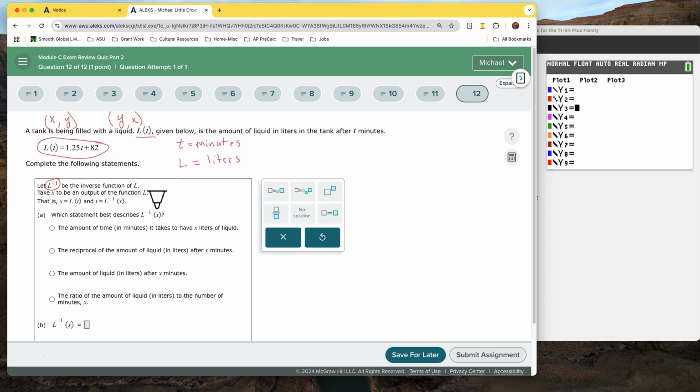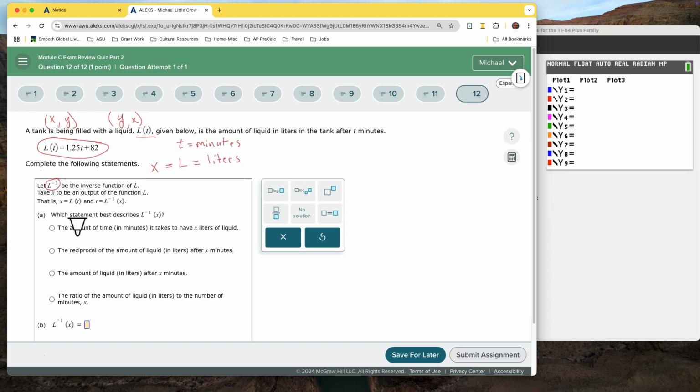And so then they introduce some other variables here. I'll take X to be the output of the function of L. So we could write it as L, or X is the same thing. L is the output, it's liters, X is liters. So whenever we see X, we're going to think liters, T minutes, and it'll help us.